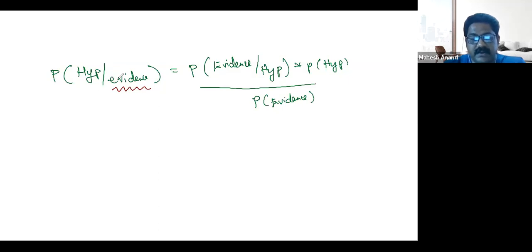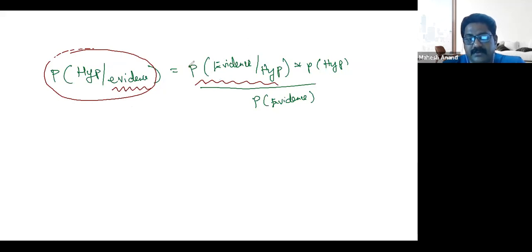This is what we intend to measure. Some quantities we can already measure beforehand from historical data. According to the business context, we have to see which quantity is measurable, put that on the right hand side, and then we can estimate this one.